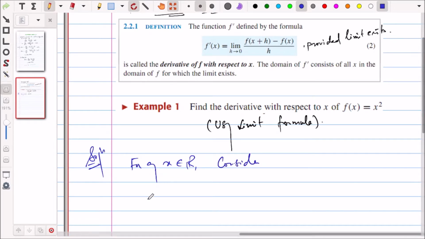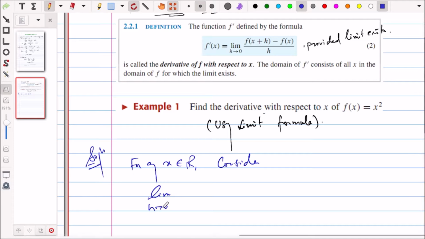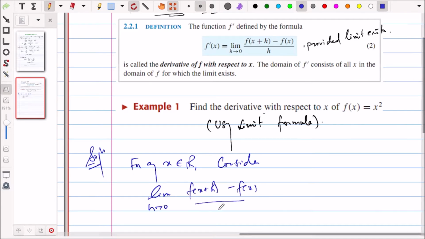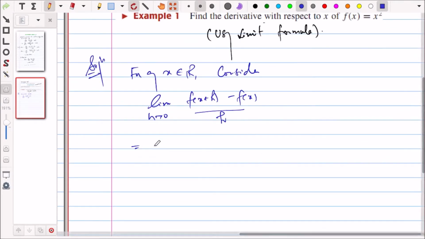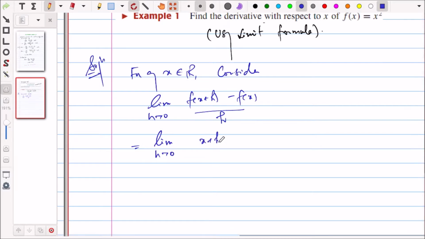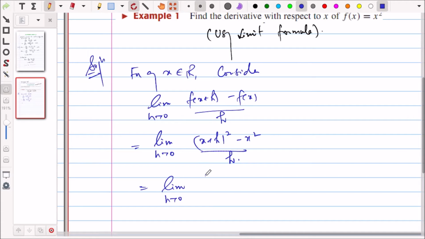We will use this limit, h tends to 0 of (f(x plus h) minus f(x)) upon h. So what will this be? This will be ((x plus h) whole square minus x square) by h. Now use the formula a square minus b square. So what will it be?